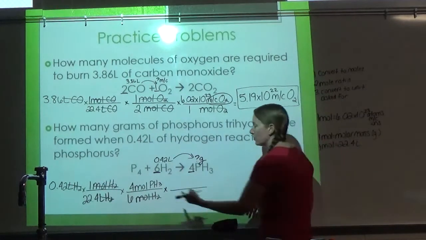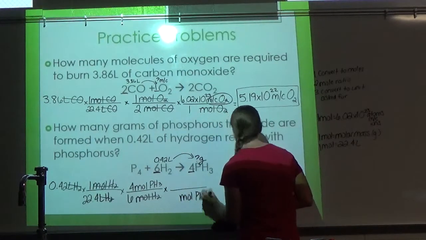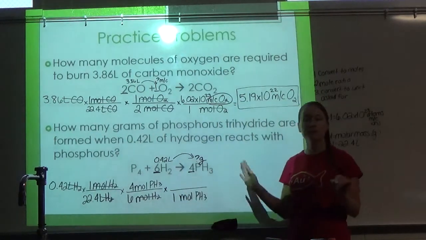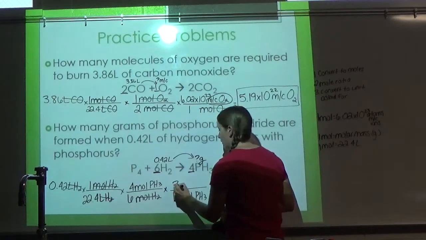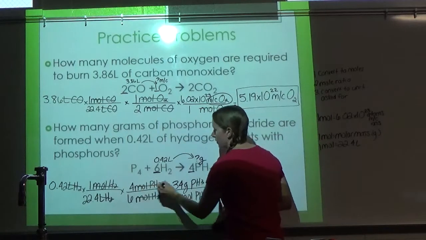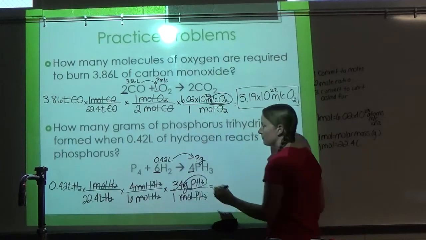Well, let's look at our golden rule. Moles go on bottom. So remember, molar mass always equals 1 mole. We don't use the coefficient when we're dealing with molar mass or anything like that. So 1 mole of PH3 equals 34 grams. So moles of PH3 cancel. I'm left with grams of PH3.